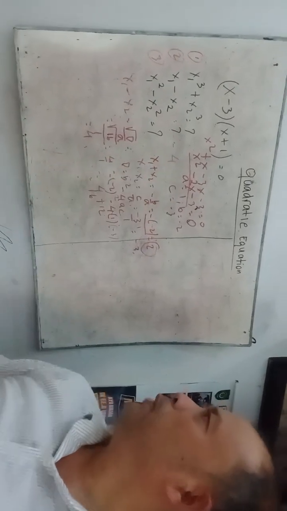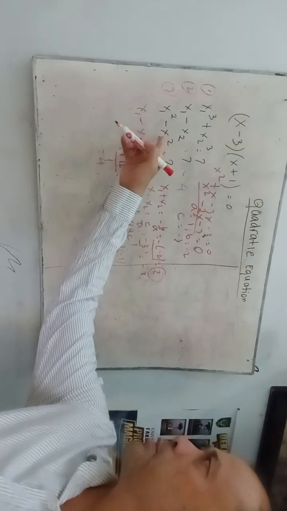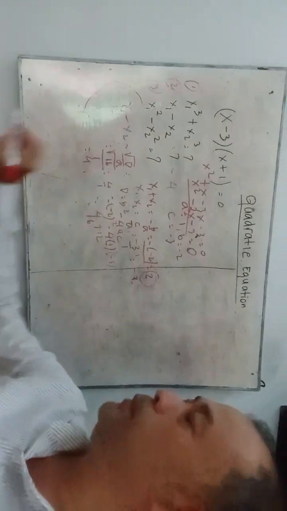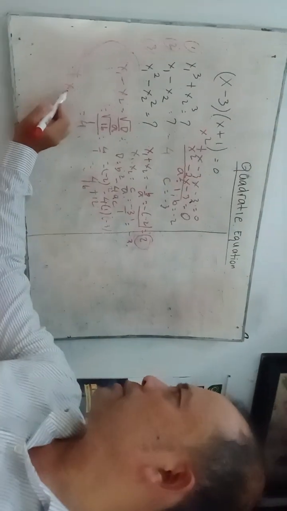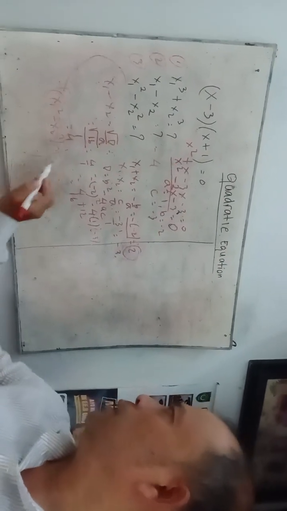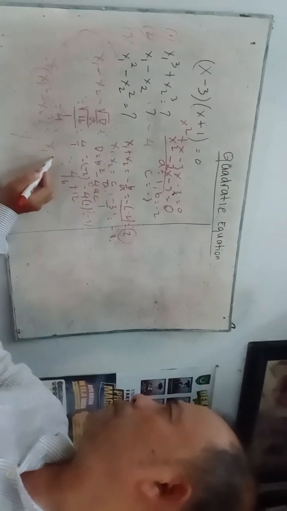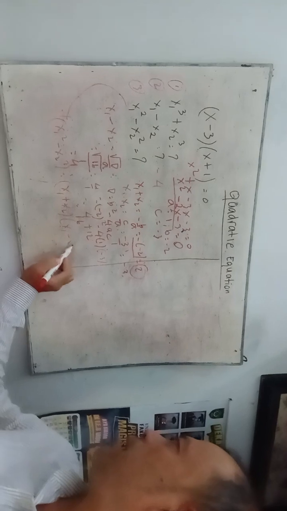And then we have x1 square minus x2 square. You know this from the quadratic equation: x1 square minus x2 square equals (x1 plus x2) times (x1 minus x2).